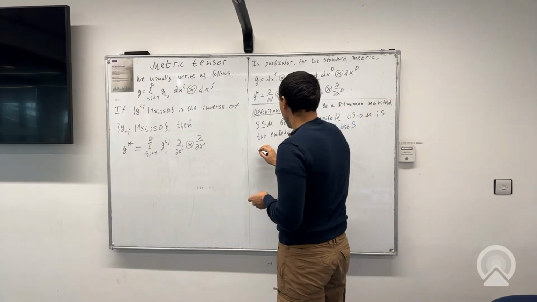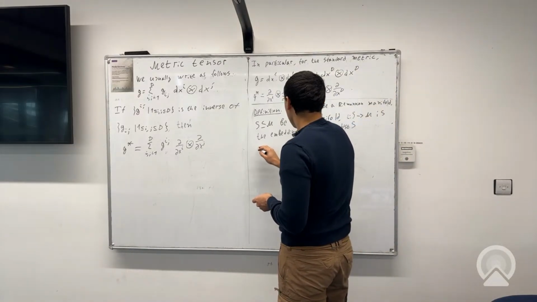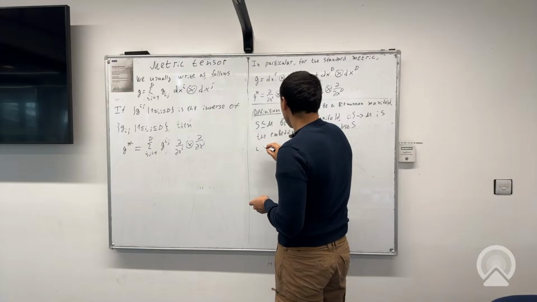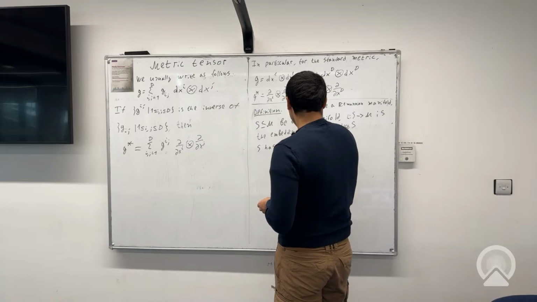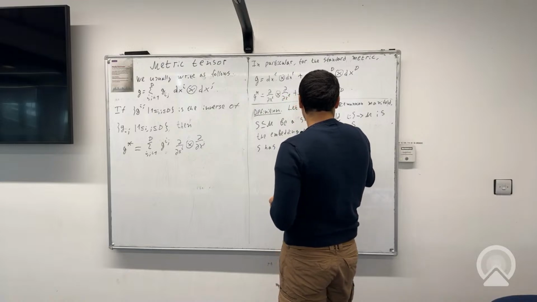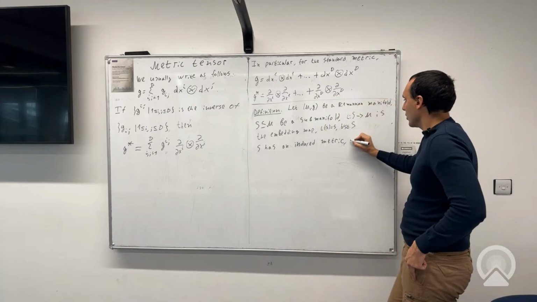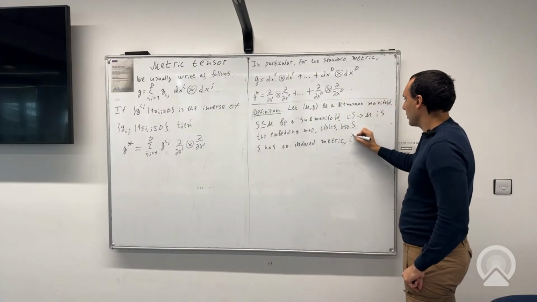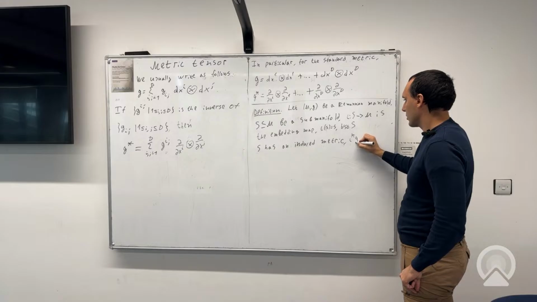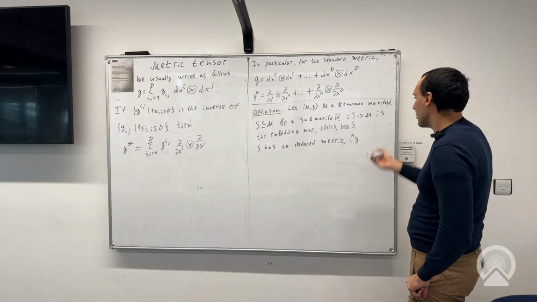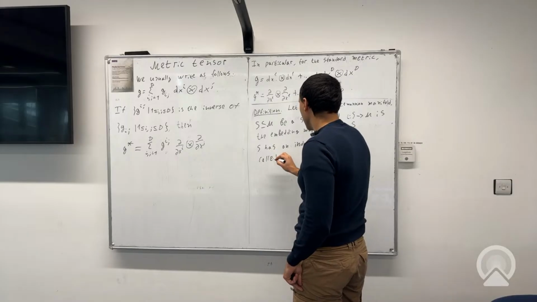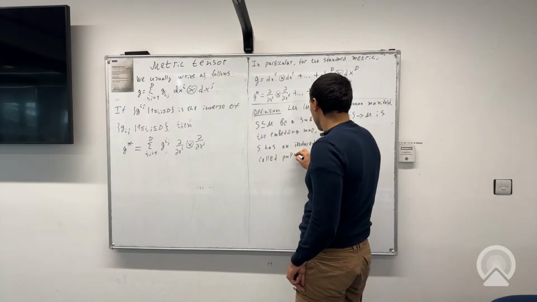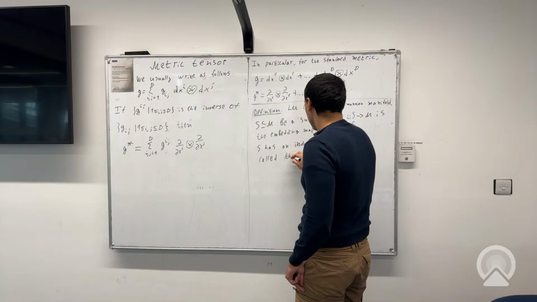And S has an induced metric, iota star of g, which is called the pullback metric.